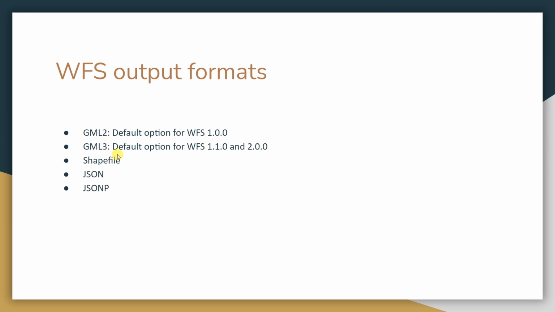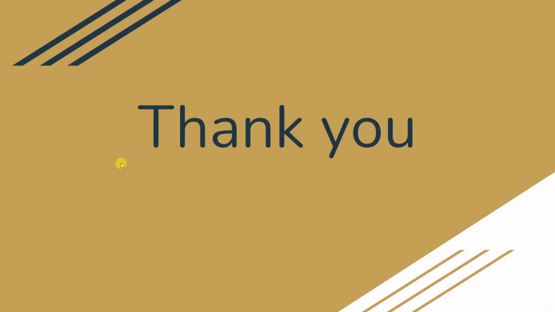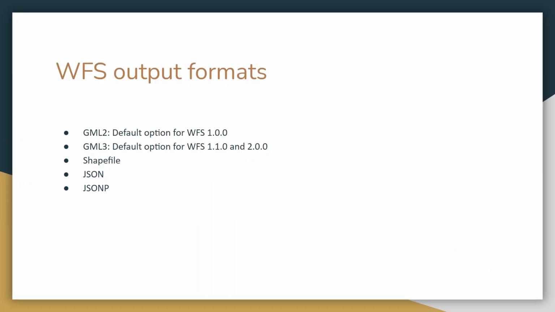Obviously we are going to look at these three formats: shapefile, JSON and JSONP. JSON and JSONP will provide GeoJSON data, so we can visualize it in the web-GIS. With the shapefile format we can make a download link, so that users can download our data in shapefile format. So these are the main things about WFS.